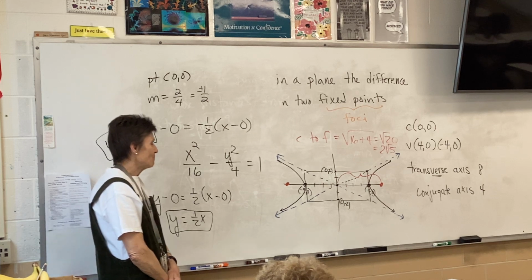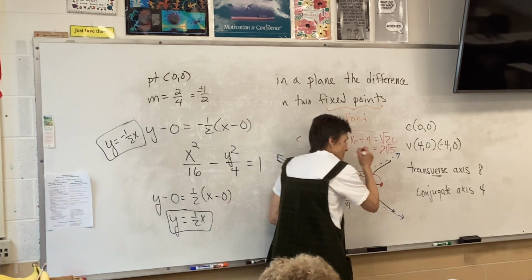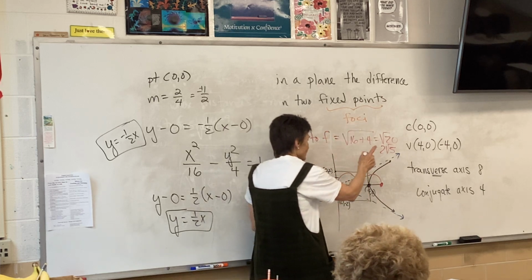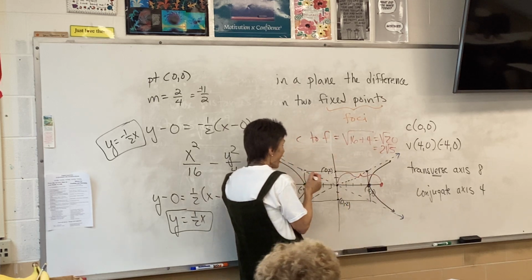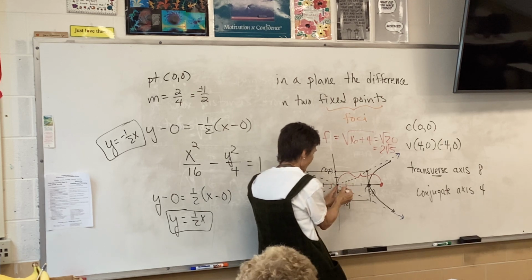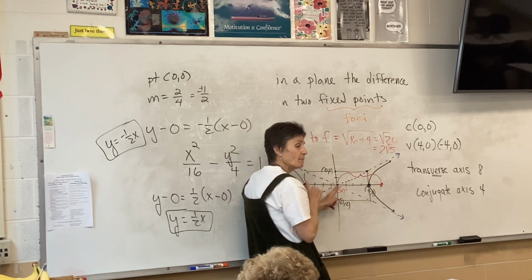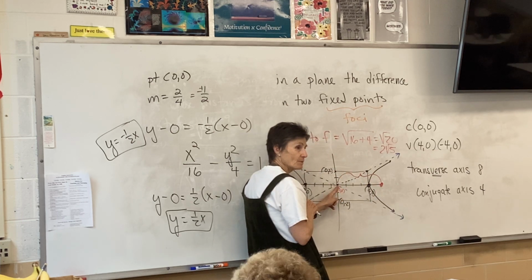All right, here we go. I have added my denominators and taken the square root, and I got 2 root 5. That means that from this point, which is 0, 0, to this point, I'm going to add 2 root 5.